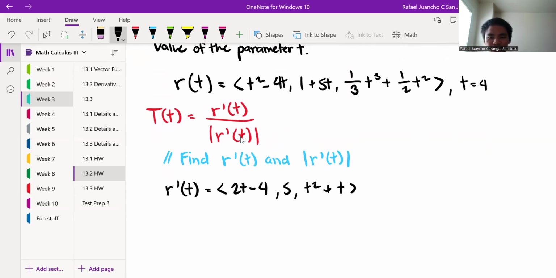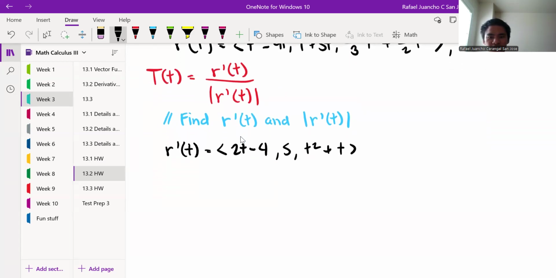And then I now need to find its length. So I'm not gonna put the formula in. Okay, let me just do this. If you want to get exactly at 4, then we need to modify our parameter a bit, make it 4.